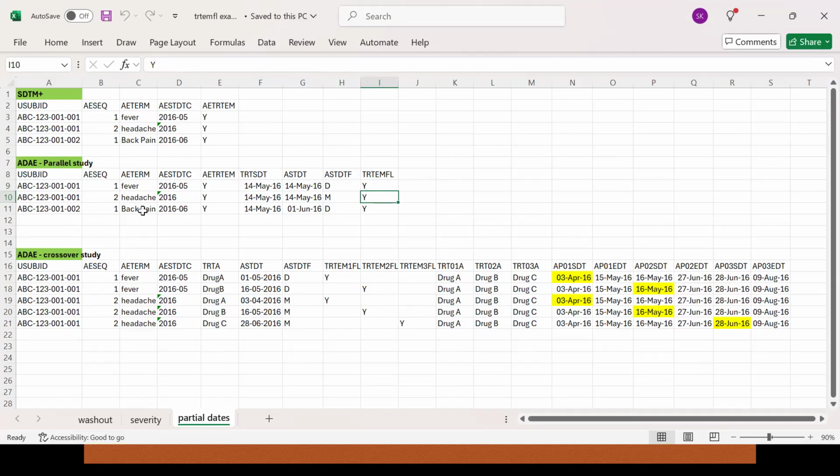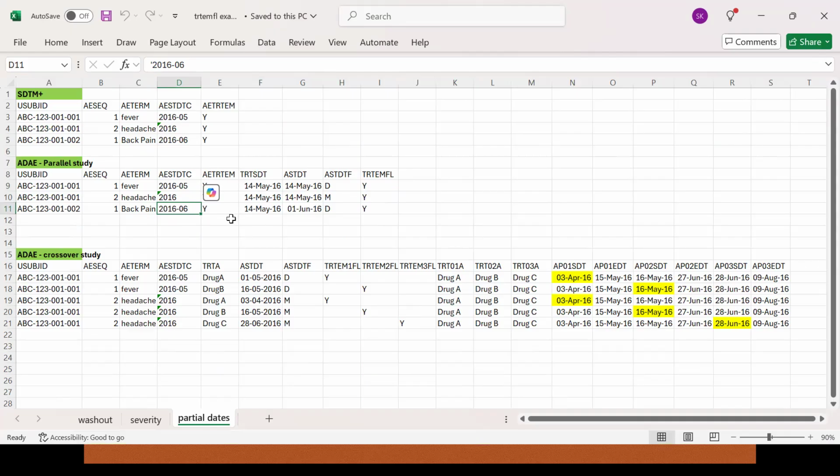Now let's consider the second subject where there is a slight difference to note here, which is that the adverse event start date for back pain is happening on June 2016. And if we see the treatment start date, it is May 2016. So here the month is not same as the treatment start date.